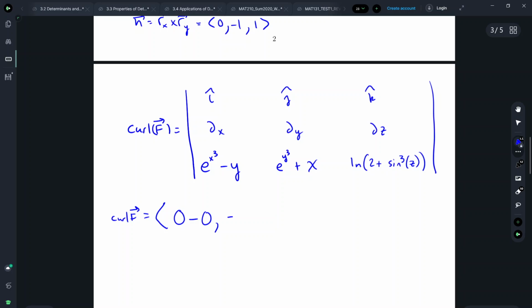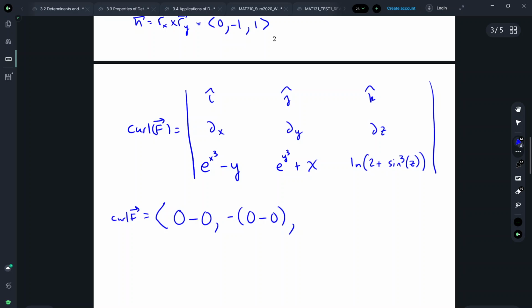Then the middle component has an extra minus sign. The partial of x of this thing is 0. The partial of z of this thing is 0, right? Because this doesn't depend on x, this doesn't depend on z. So again, I have 0 minus 0. And you see in this calculation here, the curl is much simpler than the original vector field. Okay, so now the partial of x here is just 1, right?